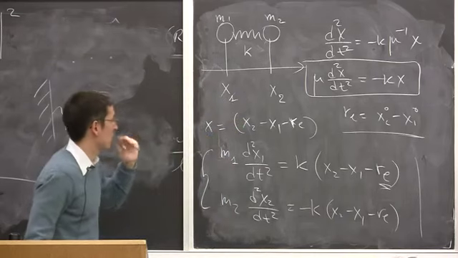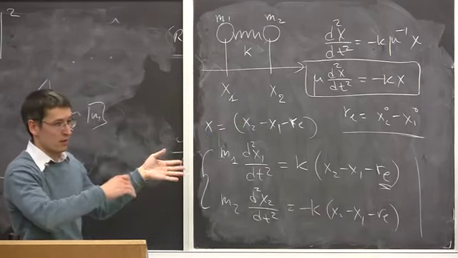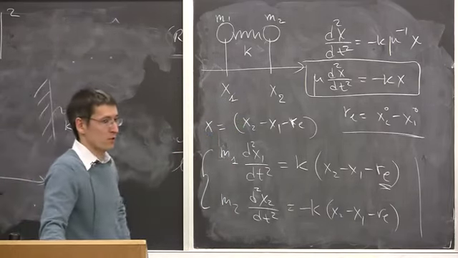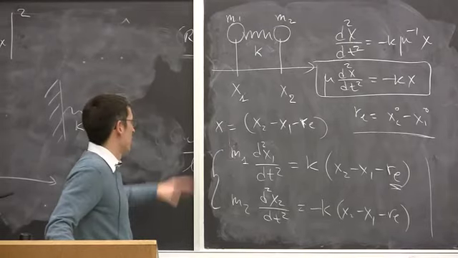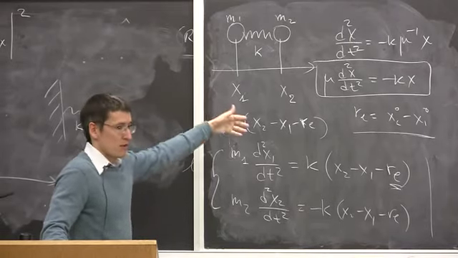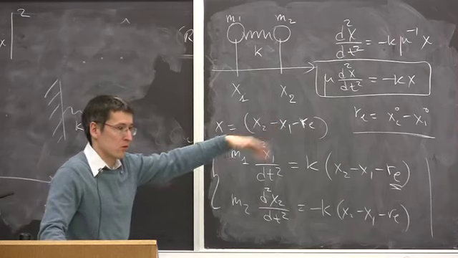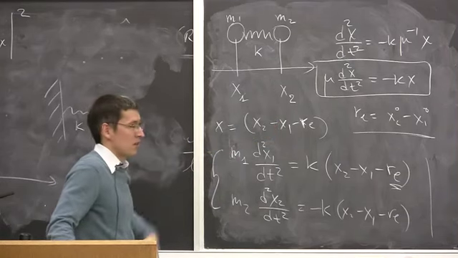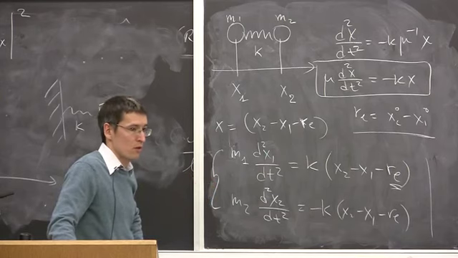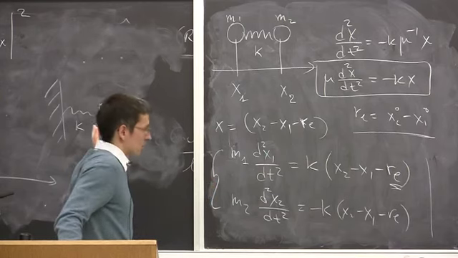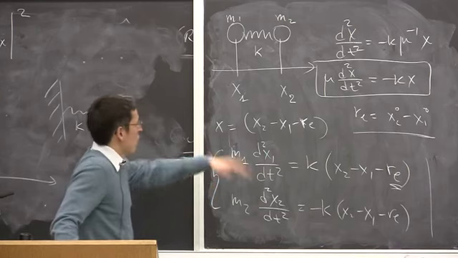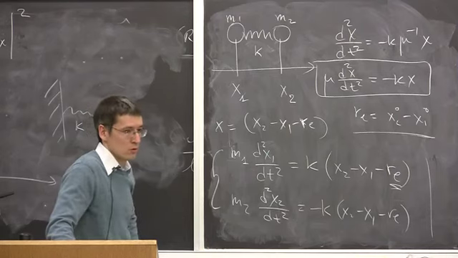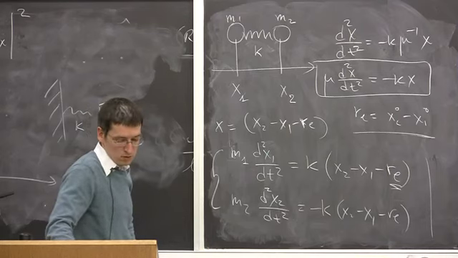Right, because x1 plus x2, that's essentially the coordinate corresponding to change of both coordinates x1 and x2 at the same time. So that coordinate is not of interest to us because it doesn't really introduce any internal energy. It's just the energy of the motion for the whole molecule, the translation.